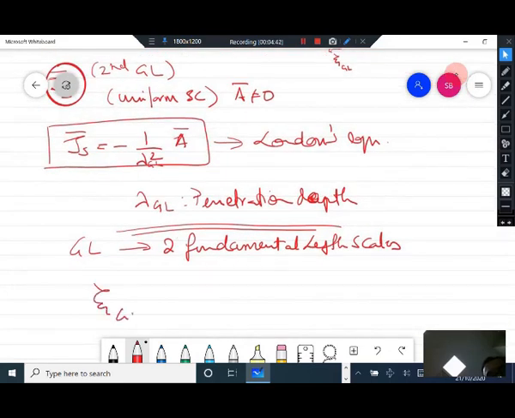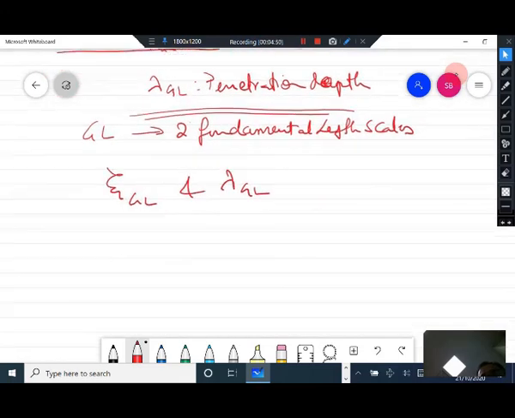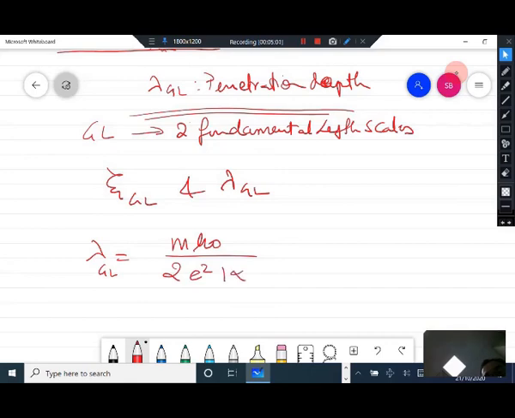One is xi GL and one is lambda GL, both of which are related to the microscopic parameters which you have already discussed. If you see, lambda GL is m mu naught by 2 e square mod of alpha by beta, and mod of alpha is nothing else but a times Tc minus T for T less than Tc.